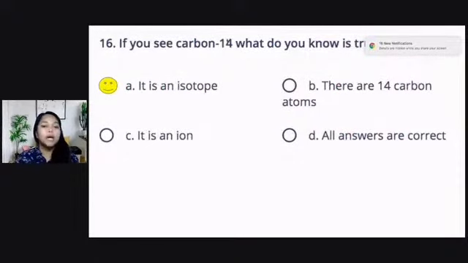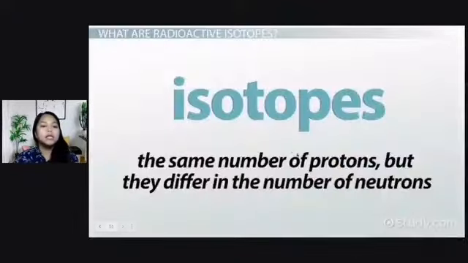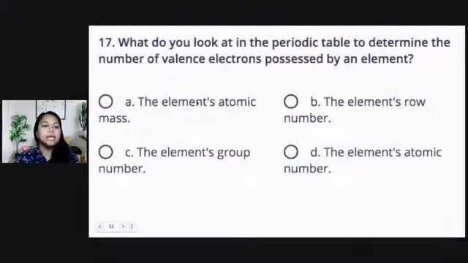So iba-iba yung magiging numbers nila based on the number of neutrons that they have, because when you say isotopes, again, these are elements with the same number of protons but different number of neutrons. Okay, so letter A po yung ating choice. Letter A yung ating choice for number 16.